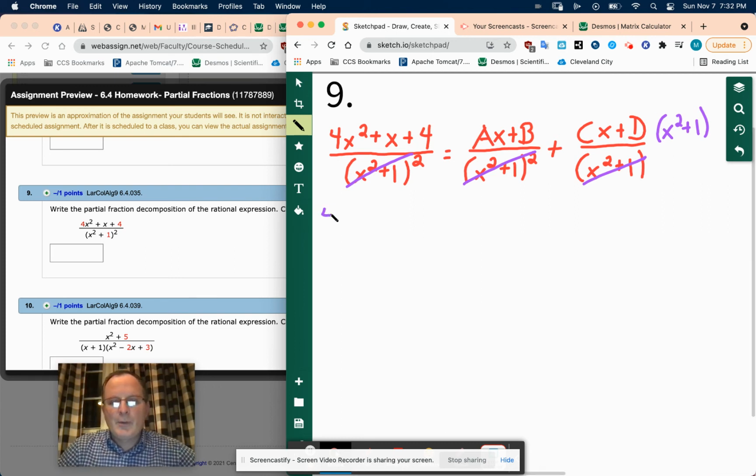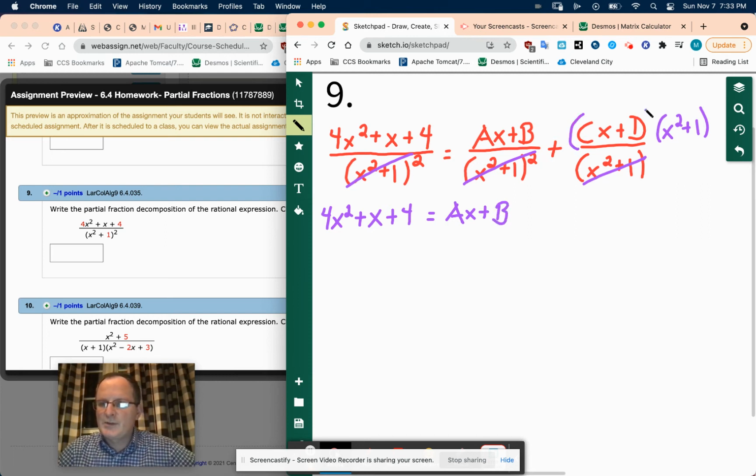And so you end up with a really interesting looking system here in just a second. So I've got 4x squared plus x plus 4. And then I have ax plus b. We'll deal with that in just a second. And then on this right-hand side, I have to do the FOIL method because those two are getting multiplied together. So I'm going to do first.